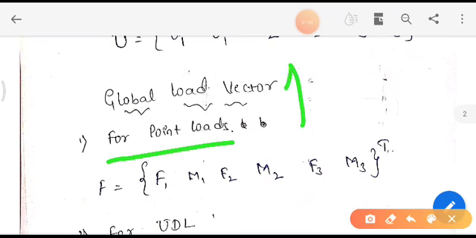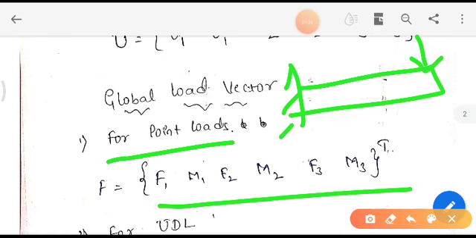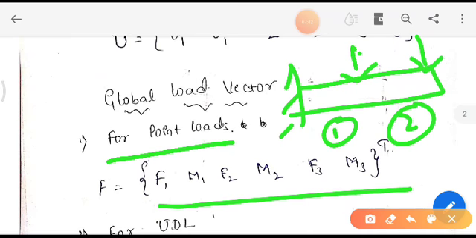If this cantilever beam is subjected to a point load, we use this formula. If we consider two elements, then we use F1 M1, F2 M2, F3 M3.